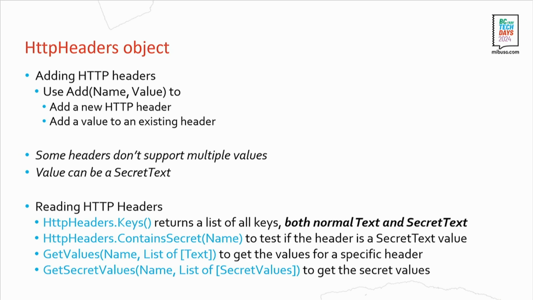Now that value is usually a text, but it could be a secret text, especially when you're working with an authorization header and you want to add a token or use a password combination. Then you should use a secret text so that it is at least not visible while you're debugging. Now the point is that in the request itself, it will just be plain text.